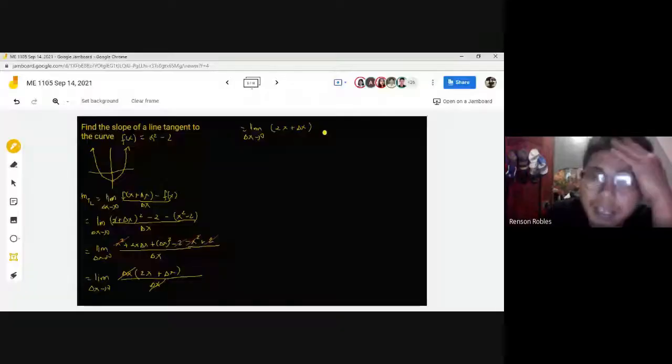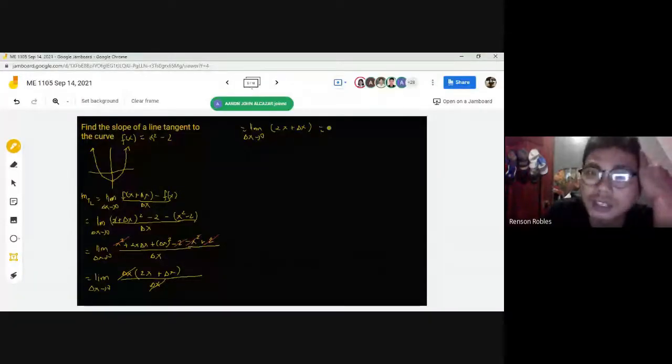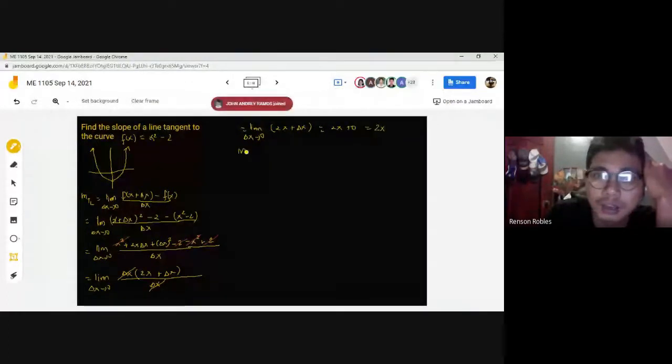What you notice is that on the numerator, all the terms left contain delta x. So you factor it out. So that's delta x times 2x plus delta x. And then you cancel this out. What is left? You're only left with the limit of 2x plus delta x as delta x approaches 0. And then you can now replace delta x by 0. So this is 2x plus 0, and that is 2x. And this is the slope of the tangent line.